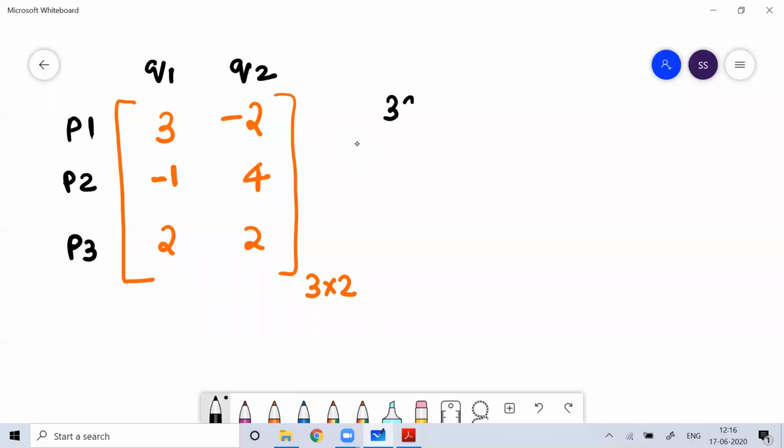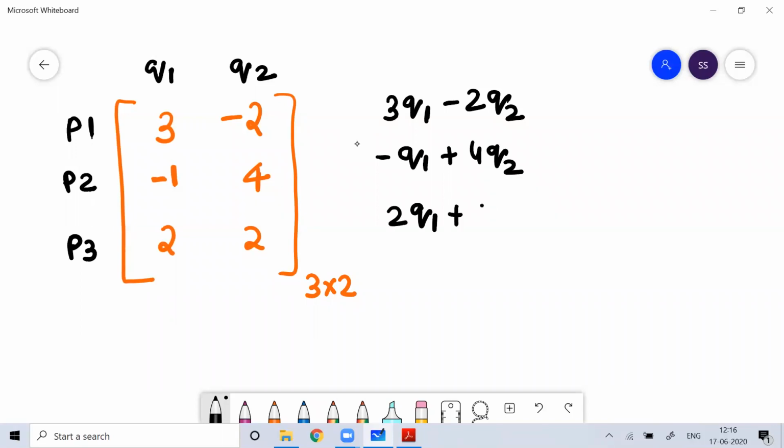So I can write my equations as 3q1 minus 2q2, minus q1 plus 4q2, and 2q1 plus 2q2. Now I can solve this problem by using the graphical method.